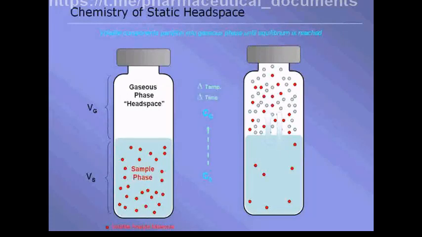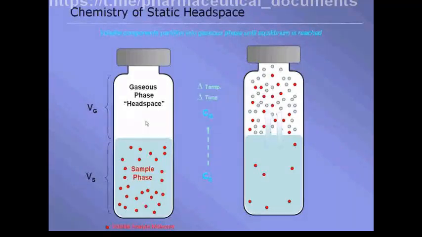But if we look at the process real quickly about static headspace, what we are starting with is a sample phase, and we will discuss this in detail because it's a differentiation in the method. But we are going to produce some solution, and then that solution, through changing temperature and changing time, we are going to see partitioning of our volatile analyte molecules from the sample phase into the gaseous phase or head phase.